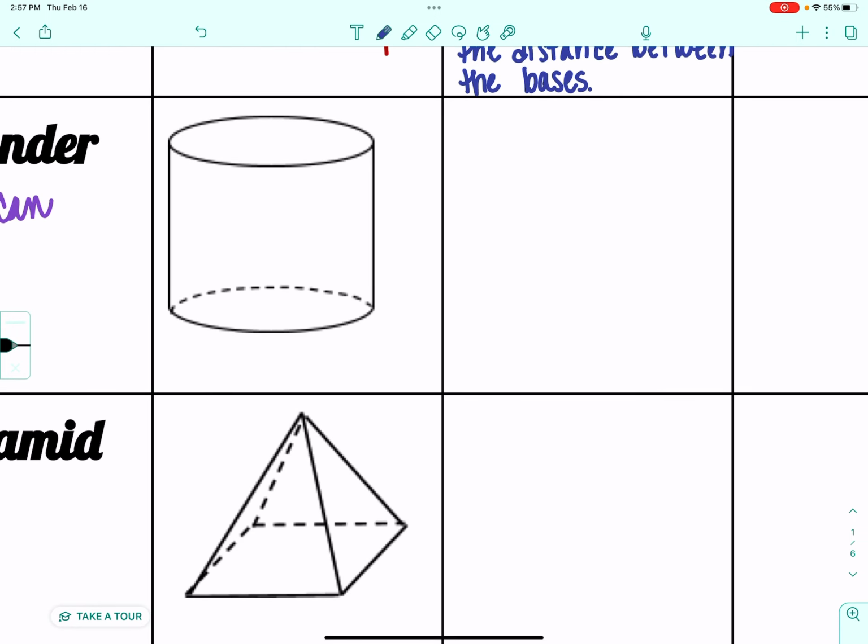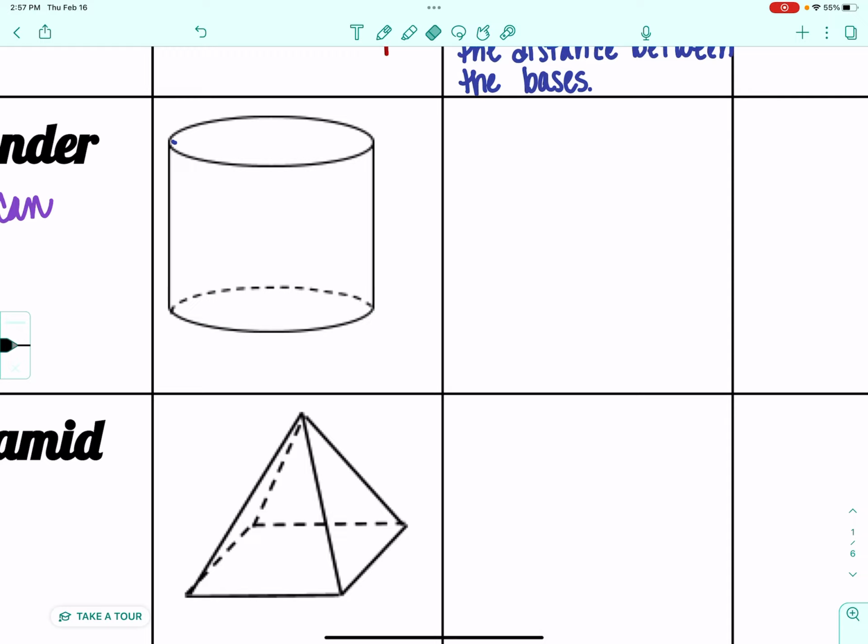The cylinder has a lot in common with the prism in that it has two congruent bases. They are still parallel. So those two bases on the top and the bottom will never intersect each other, and they are exactly the same size.